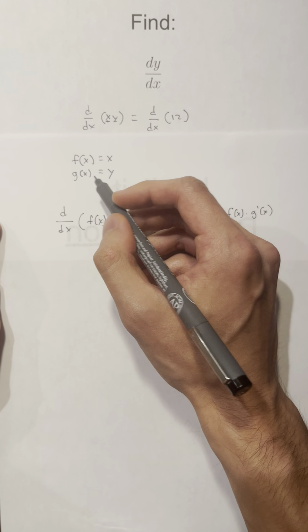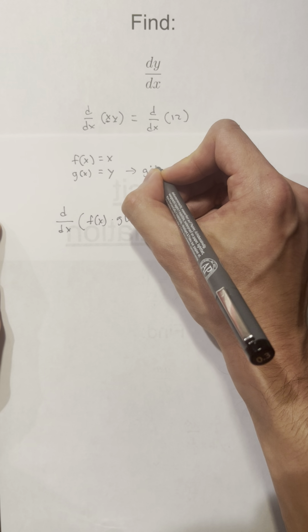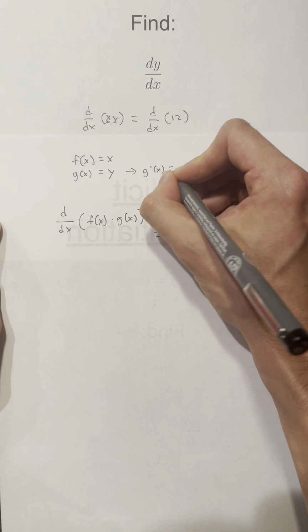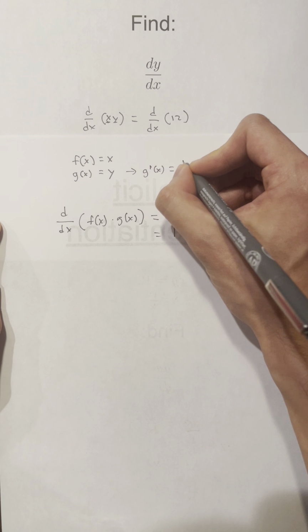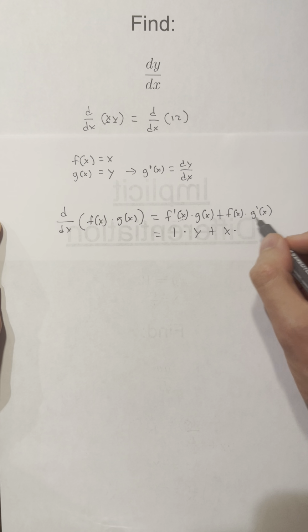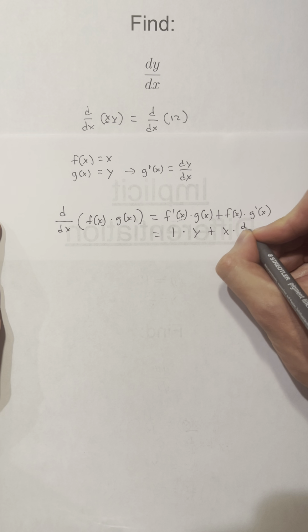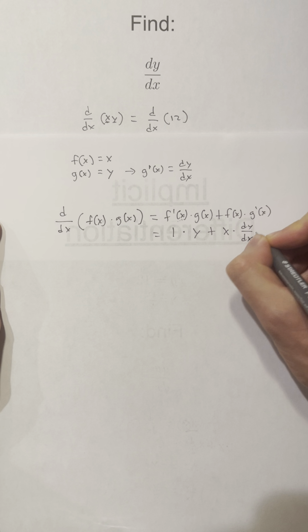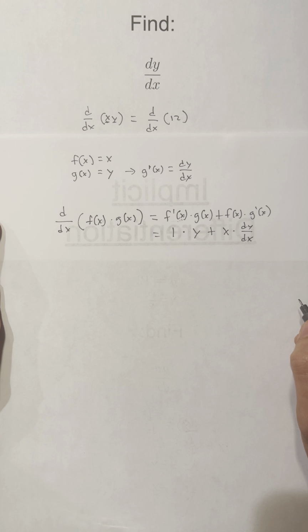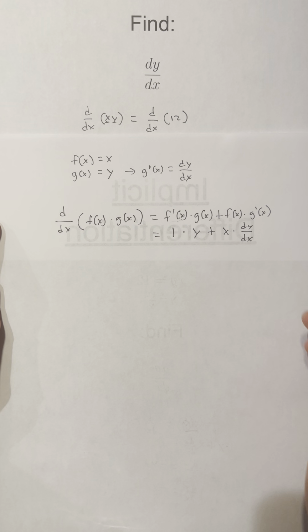Okay, so if g of x is equal to y, then g prime of x would be equal to dy/dx. So what does this need to change to? dy/dx. Okay, so that's what this is equal to.